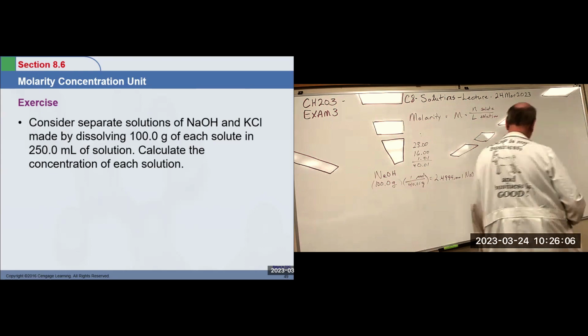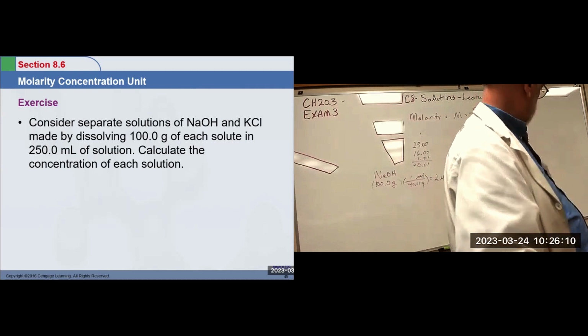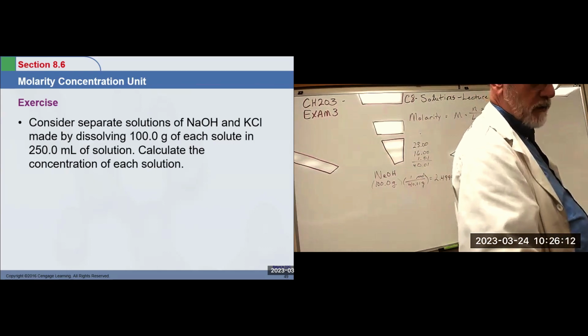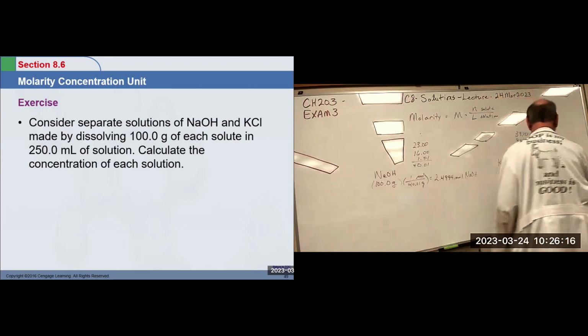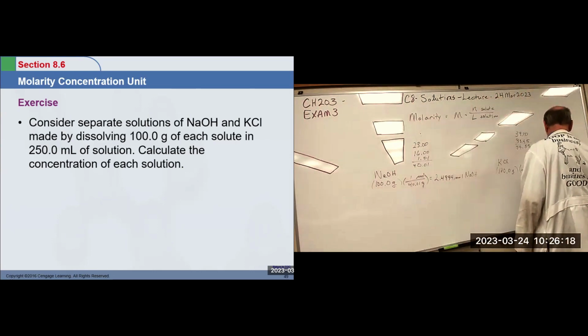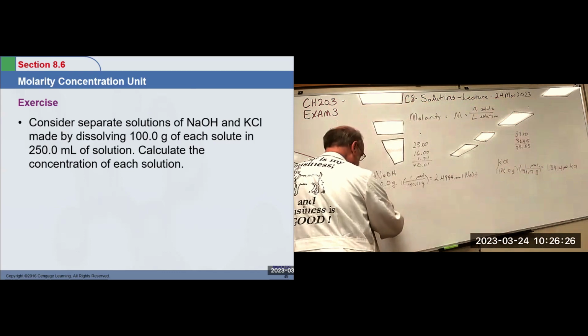There we go. So 100 divided by 74.55 is 1.3414 moles of potassium chloride. Now we can follow our formula.